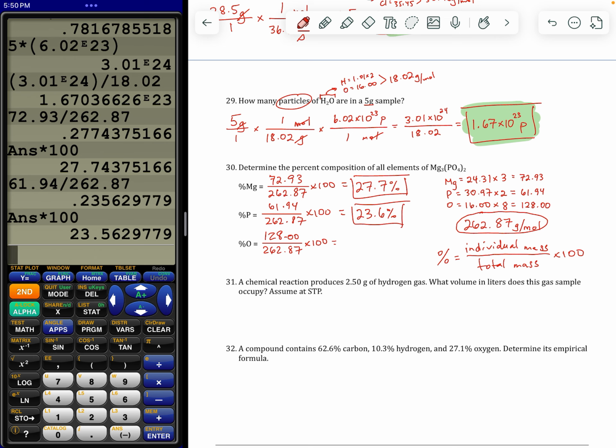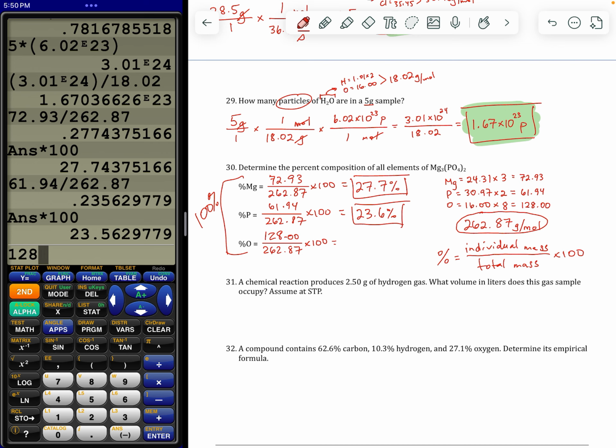And then you could find this last one 2 ways. You could do it exactly the same way, which I will do, or you could know that the total percentage should equal 100%, right, by adding up all these percent values. So if you know 2 out of 3, or you're just missing 1, what you could do is just add the 2 that you have and then subtract it from 100, and you should get the same answer.